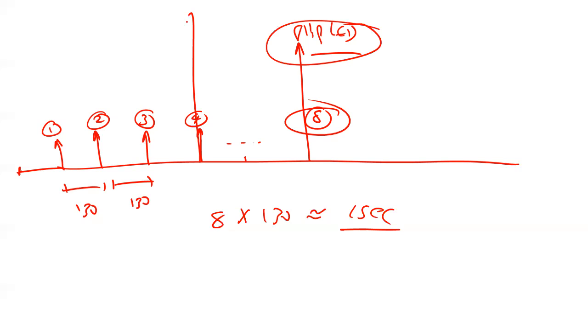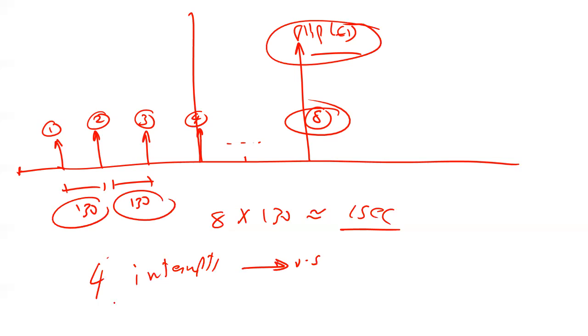Because if I use 130 milliseconds, 4 interrupts are gonna make half a second, and 8 interrupts are gonna make 1 second. So using the same idea, you can even make flashing every 2 seconds, with 16 interrupts. Is that okay? Any question?